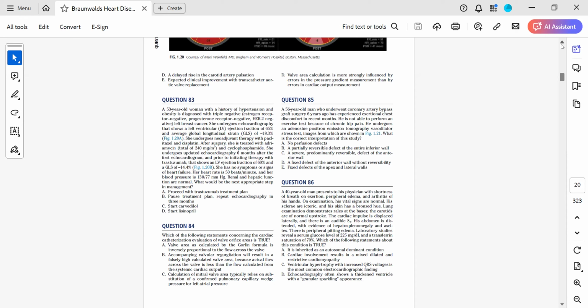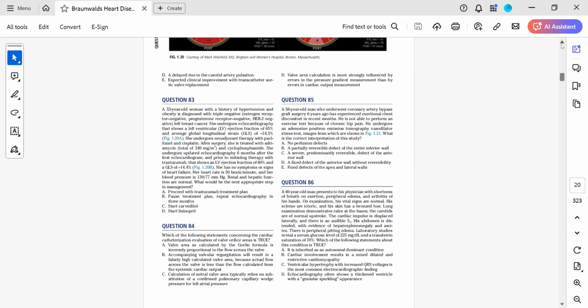The option D, valve area calculation, is more strongly influenced by errors in the pressure gradient measurement than by errors in cardiac output measurement. So if we go back to the initial formula that I said, the valve area is the cardiac output divided by the systolic ejection period, the heart rate, the constant, which is 44.3, and then the square root of the mean pressure gradient.